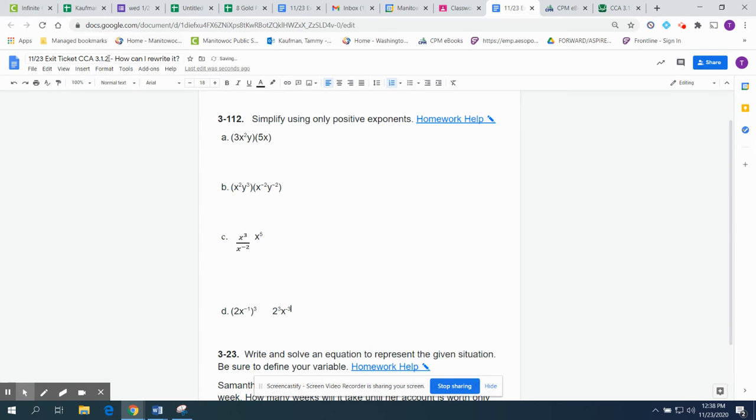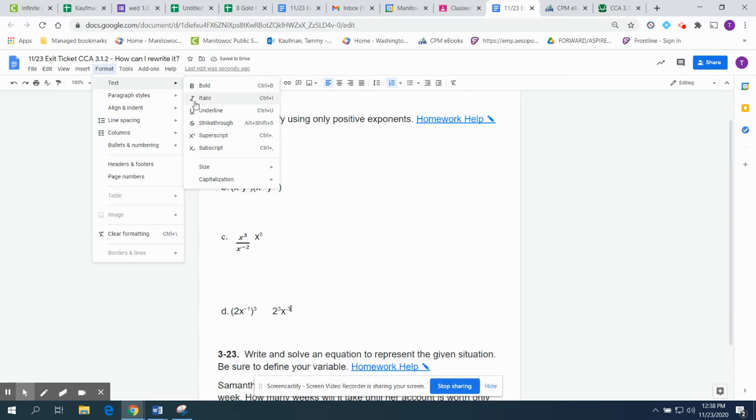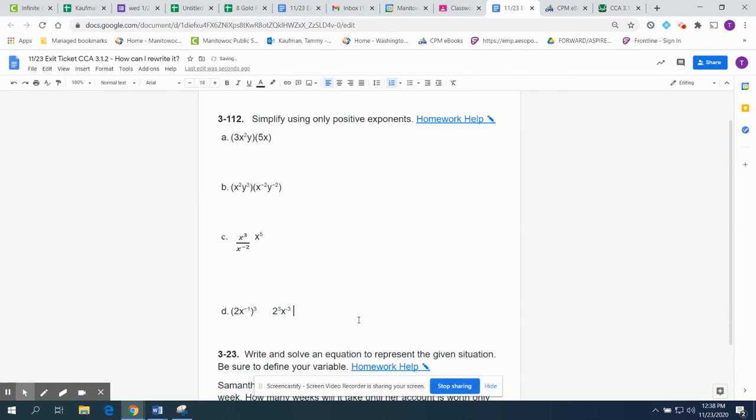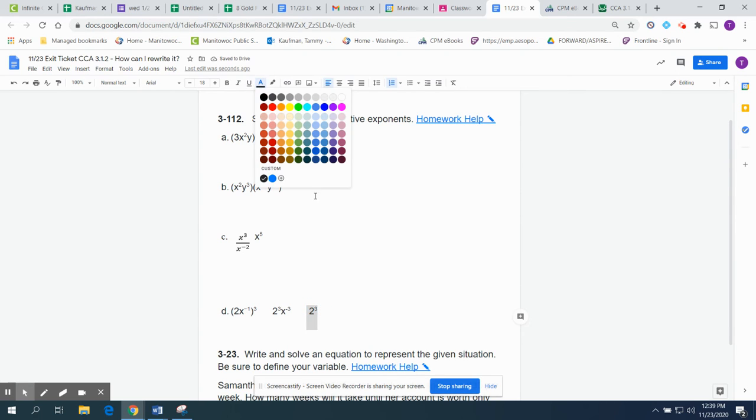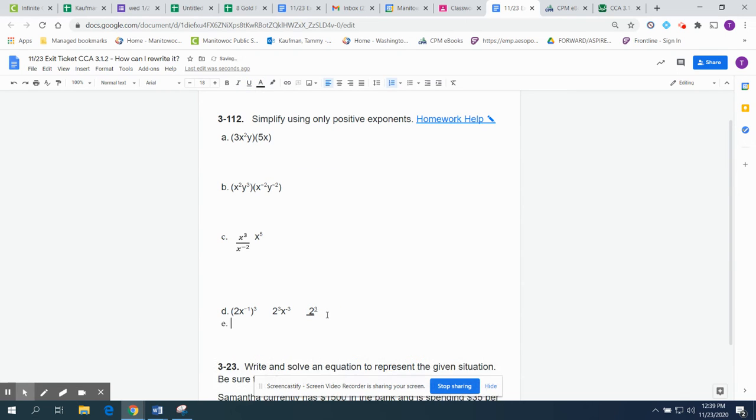You could also write that as 2 to the 3rd. I'm going to copy and paste this piece right here, and underline it. That's the only way I really know how to do fractions. And then you go here, enter, over, whoops.